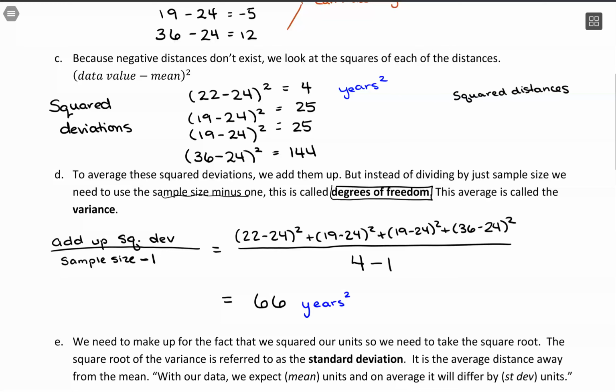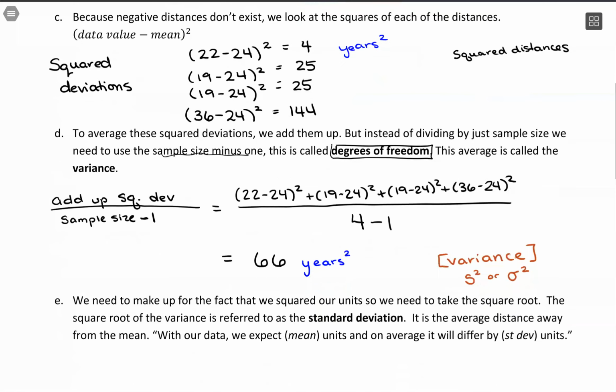This value of 66, this is called the variance of the data. Some symbols you might see for variance would be s squared or sigma squared. Both of those symbols represent variance. So it'd be this act of adding up the squared deviations and then dividing by sample size minus 1.